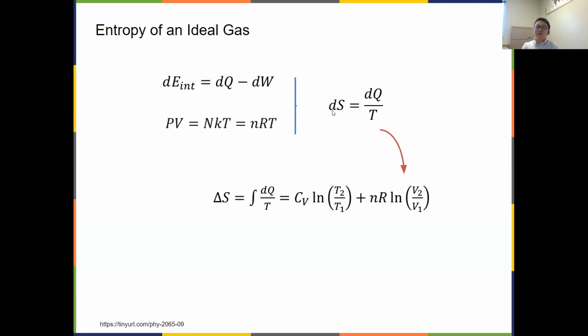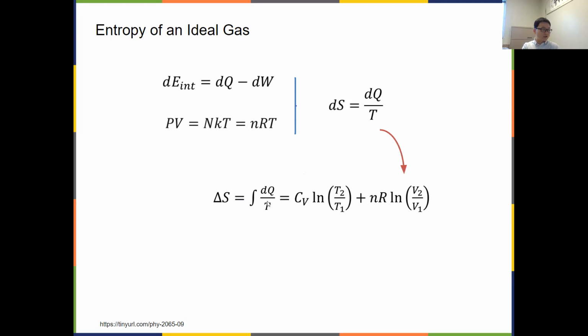And in general, you can apply this equation to calculate your change of entropy, so integration of both sides. So dQ over T, for the change of entropy, if you do integration of that guy.